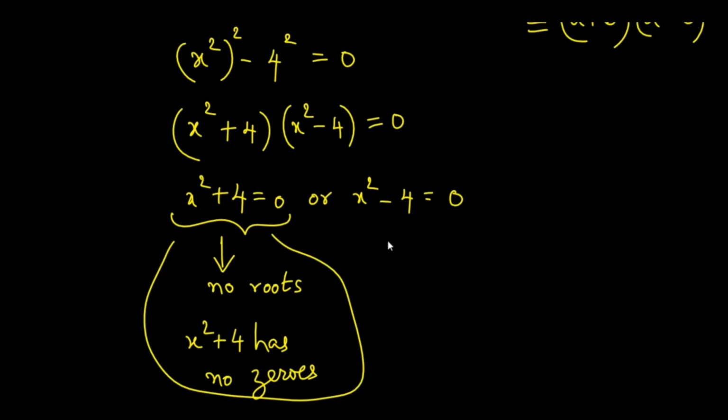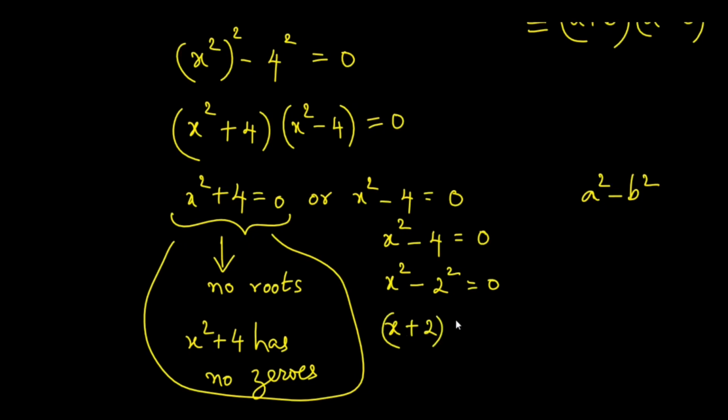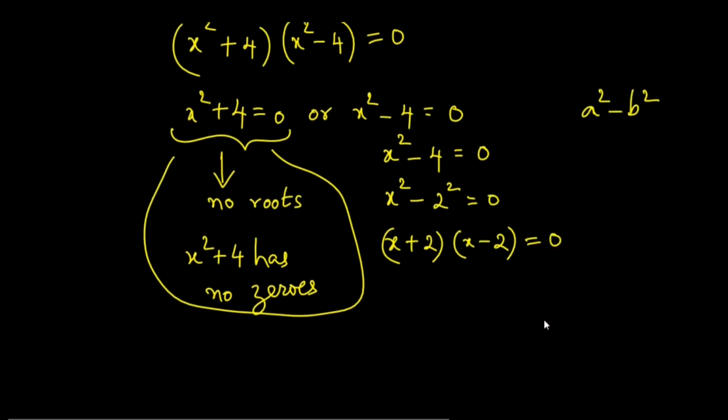We can take this part, x square minus 4 is equal to 0. Again x square minus 4 is in the form a square minus b square. So we can write it as x square minus 2 square is equal to 0. We get x plus 2 into x minus 2 is equal to 0. So x plus 2 is equal to 0 or x minus 2 is equal to 0.